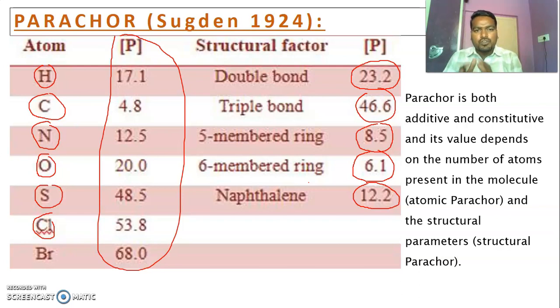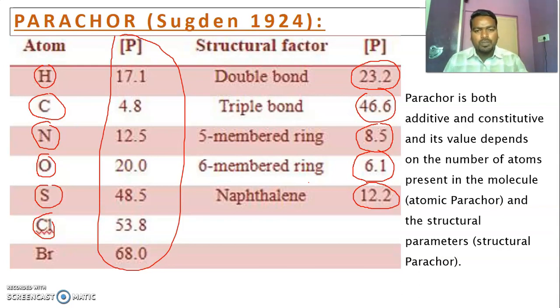Another way is by using the data given by Sugden, who calculated atomic Parachor and structural Parachor separately. By using his theoretical data also we can calculate the Parachor value. Sometimes the theoretical calculation agrees with the experimental calculation.